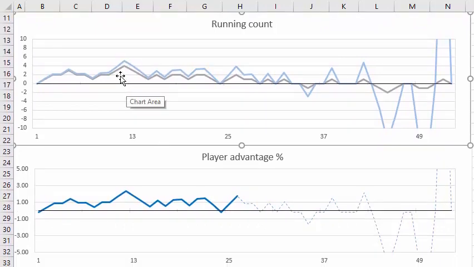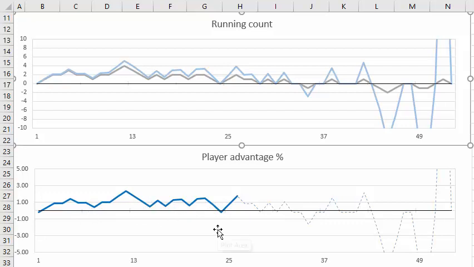So once again, the gray line is the running count, the blue line is the true count, and here's your player advantage. For example, when you have the running count of +4 here, the true count is around +5 because of the true adjustment factor. That gives you an advantage of 2.5% instead of 5, minus the 0.18%, this tiny little fraction.